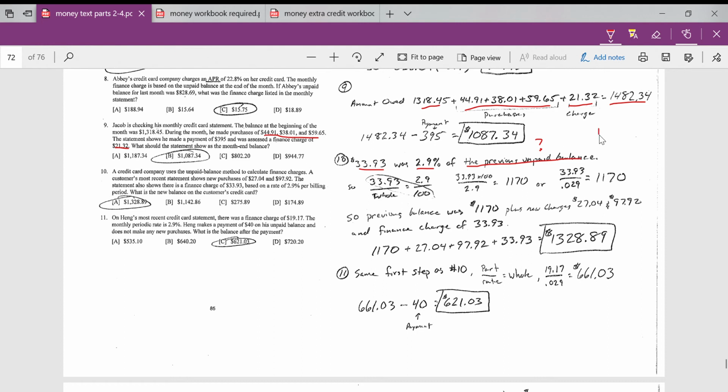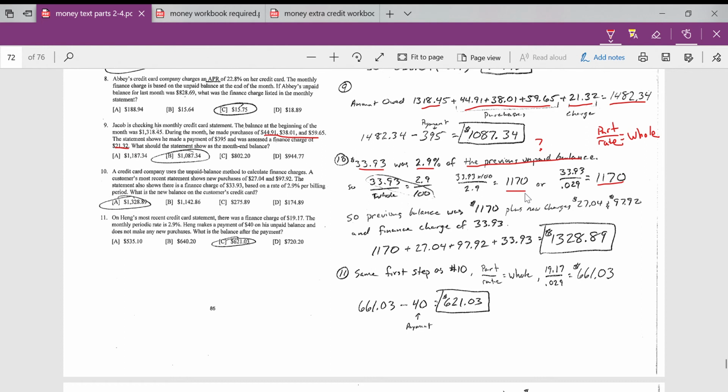If you change that around, if you take part divided by the rate as a decimal, that equals the whole. So that's another way of finding this. So you do 33.93 divided by 0.029, because this one you have to change it to a decimal. That also equals 1,170.